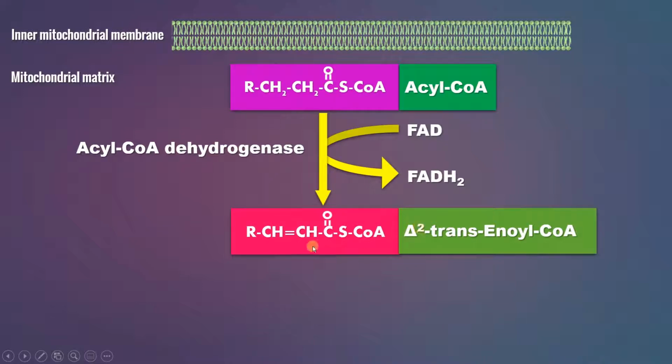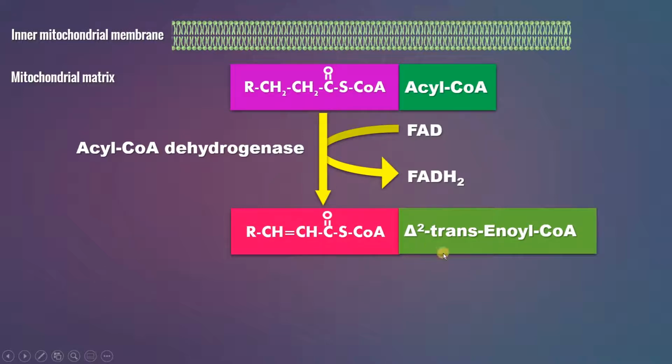So this delta means the numbering. Carbon number 1, carbon number 2, carbon number 3. If you want to study the numbering or naming of fatty acid, please go back to fatty acids video under lipid chemistry playlist. Now you can see there is a double bond here between alpha and beta carbon atom.